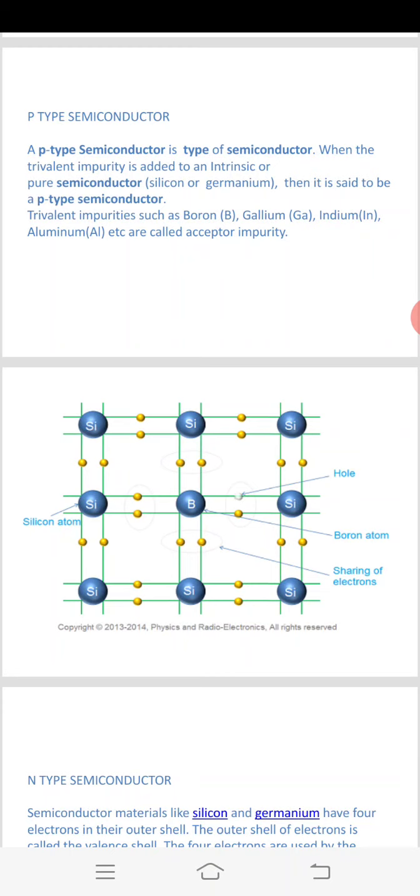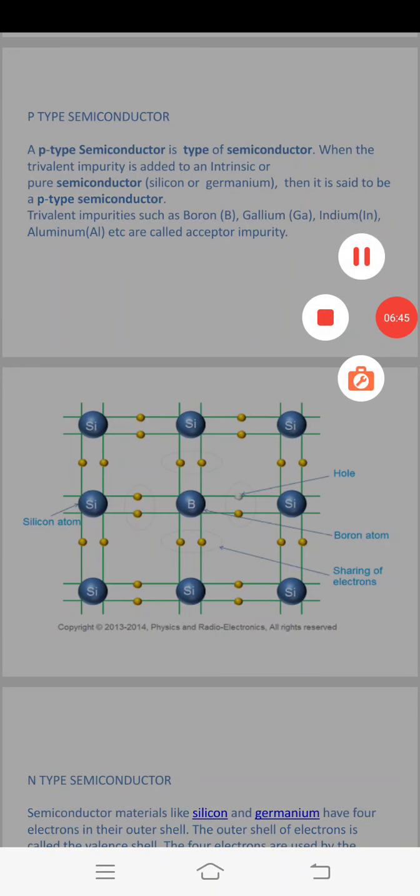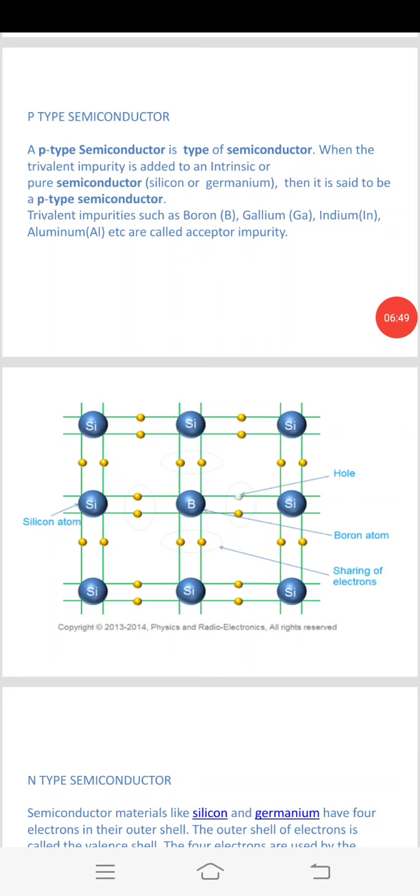In silicon we mix trivalent impurities like boron, gallium, indium, aluminium, etc. These are known as acceptor impurities. Boron, a trivalent impurity, has 3 electrons in its outer shell.